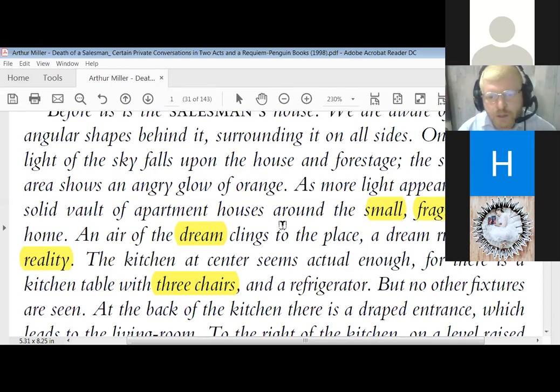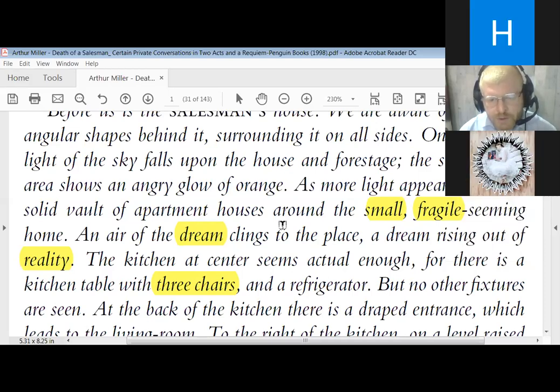But then culture and construction, buildings, were gradually replacing this nature. And that's why we see now, in contrast to the past, that the house is surrounded by these buildings. And when he says small and fragile seeming house, they don't only refer to the house, they refer to Willy Loman himself.